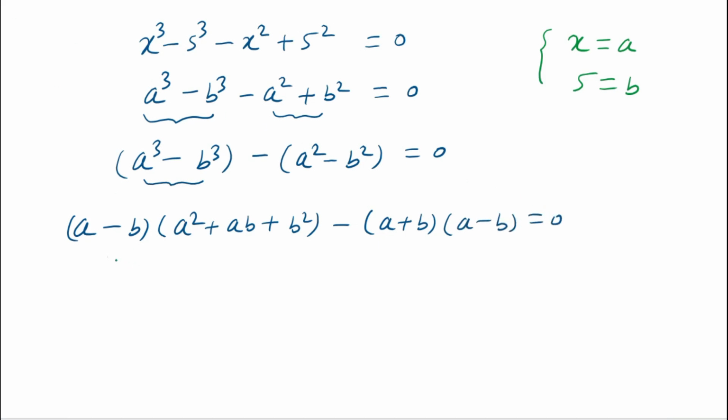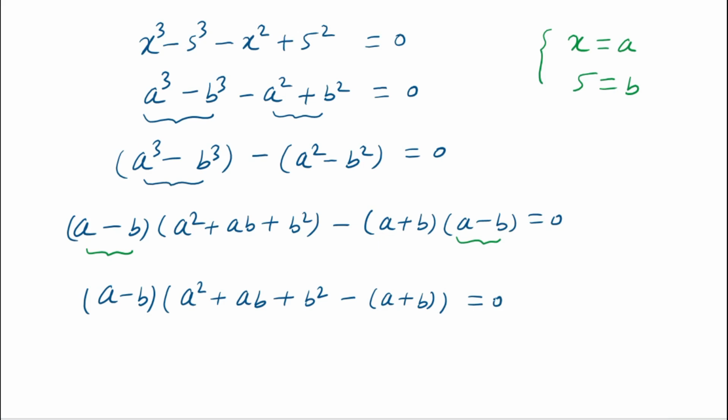Now here a minus b and here a minus b. A minus b is a common factor on the left hand side, so if we take a minus b common, then you will get a square plus ab plus b square, and then minus a plus b, and this is equal to 0. Now the value of a is x and the value of b is 5.